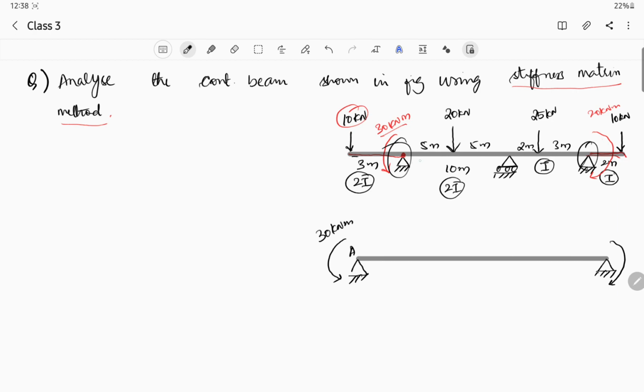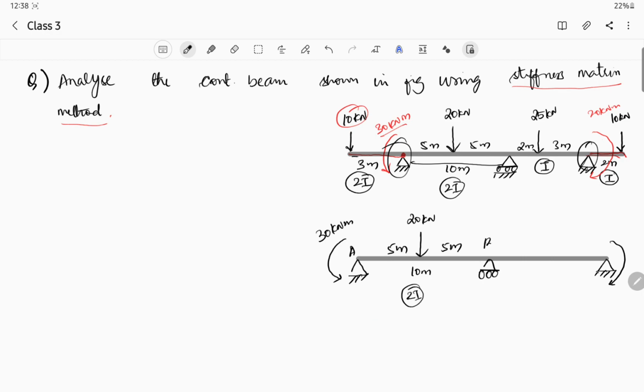Okay, after that we have this part of the beam. After 10 meters, somewhere around here, we can draw our roller support. Okay, so at the central part of the span we have 5 meter and 5 meter. This is 20 kilonewton, and the total span is 10 meter, and this is how much? 2I.